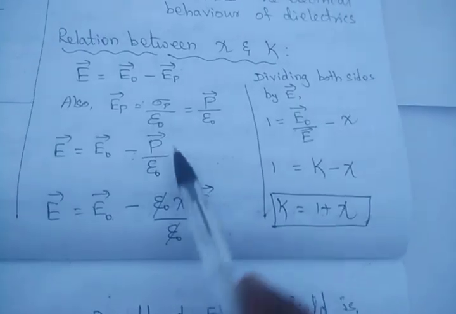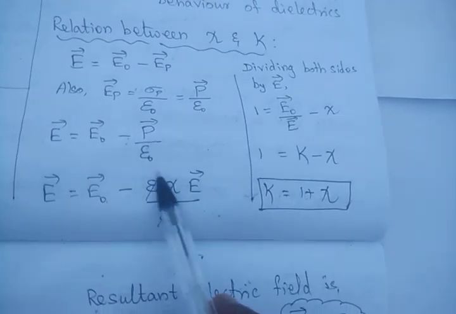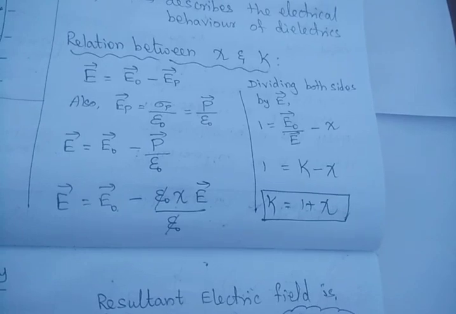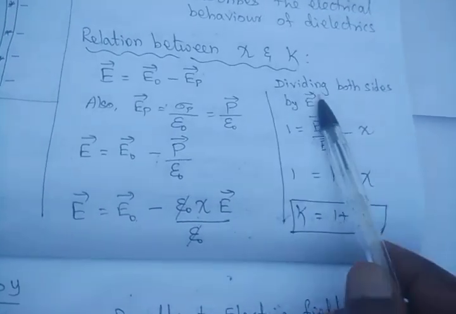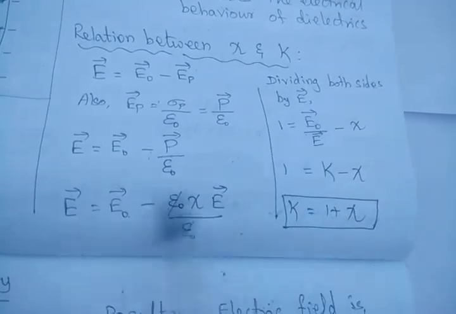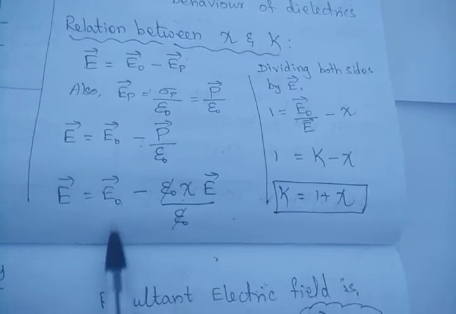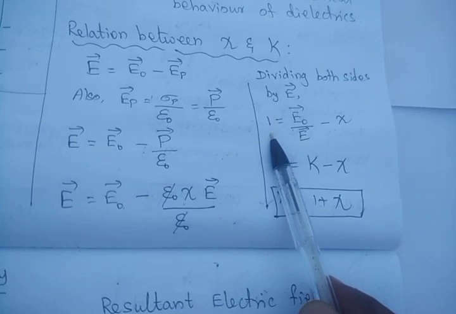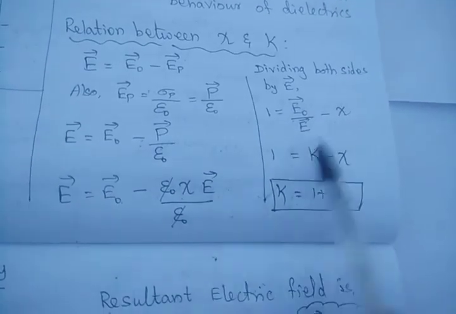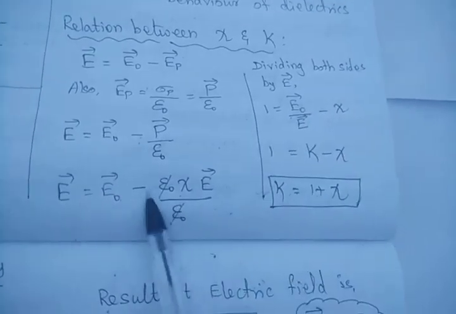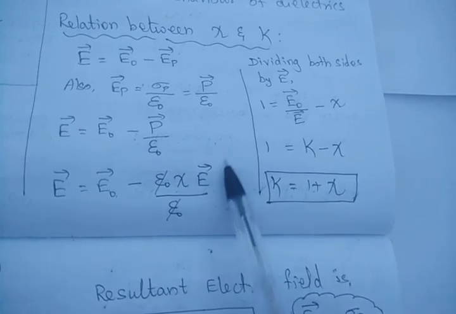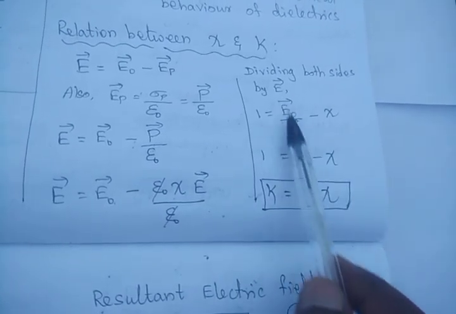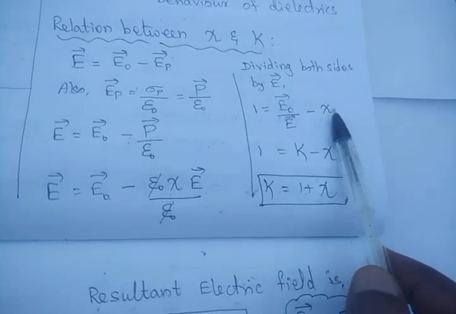So we get epsilon naught psi E by epsilon naught, and epsilon naught gets cancelled. Next, we divide both sides by the E vector. E divided by E gets cancelled, we get E naught by E on the other side, and E divided by E cancels in the last term, leaving only psi. So 1 is equal to E naught by E minus psi.